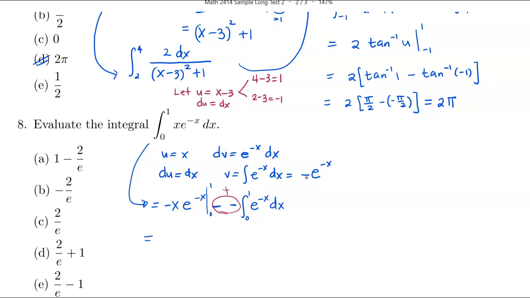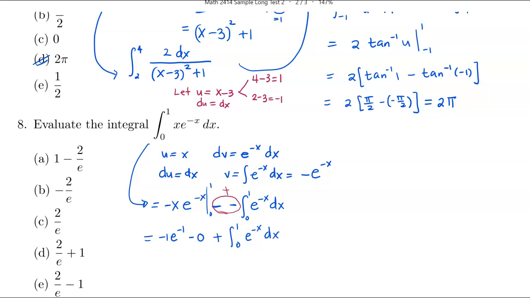Now let's evaluate it. You plug in 1 here, so you have negative 1 e to the negative 1 minus 0, plus the integral of 0, 1 e to the negative x dx.